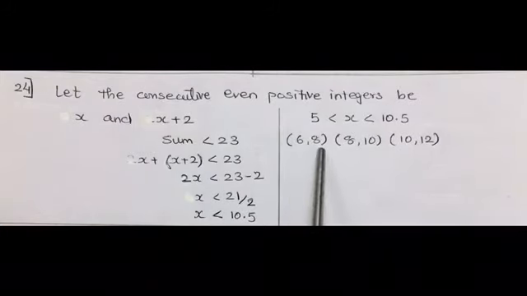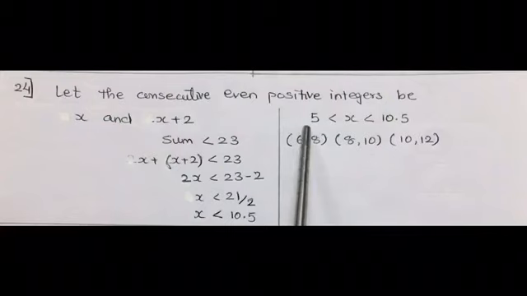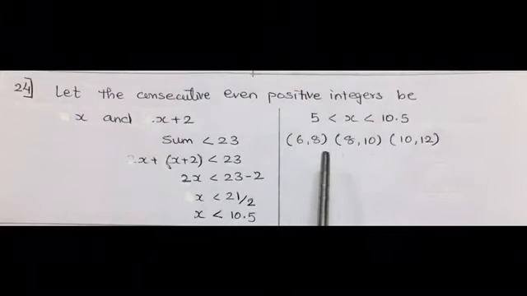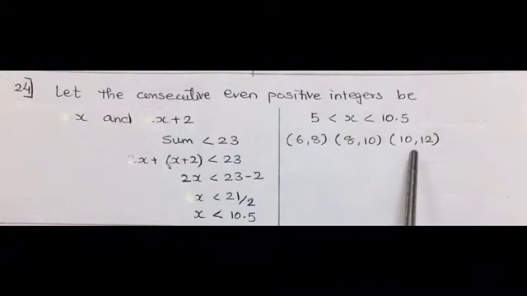Now you will find that the first numbers 6, 8 and 10 are less than 10.5 but greater than 5. And each of these pairs, if you add them, are less than 23. So there will be a total of 3 pairs.